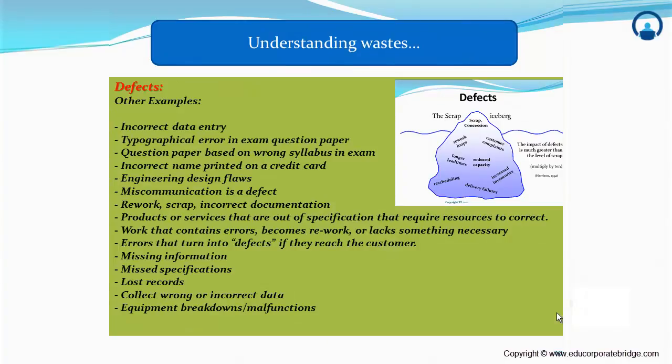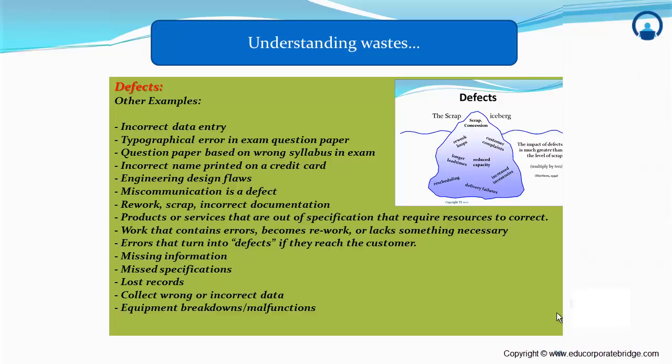So what are the other examples of this waste of defects? Like incorrect data entry. In a bank, if the cashier by mistake puts another figure, if you deposited 10,000 rupees, and by mistake he forgot to punch the last zero, it will be only 1,000. So is it desirable?